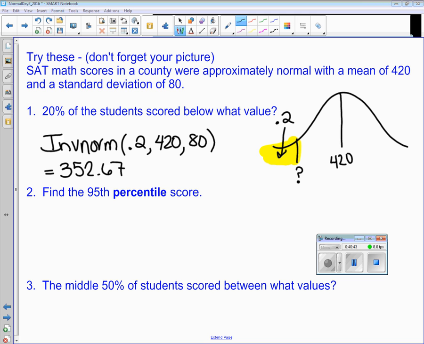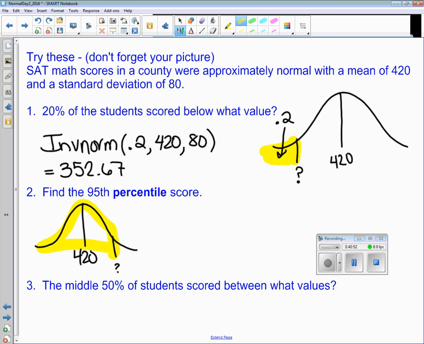Above 420, I agree. So we have 420. We don't know what this score is, but we know that the 95th percentile would be something like this. So we know that that would make this the 0.95 in here. We're given the percent, so we're going to say inverse norm, 0.95.